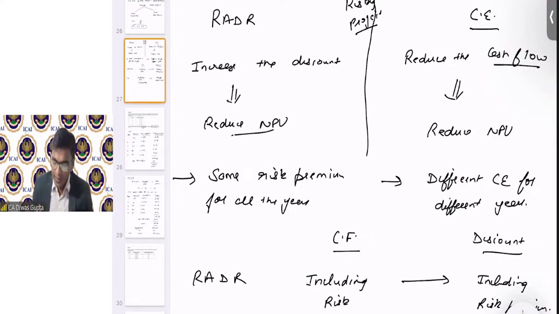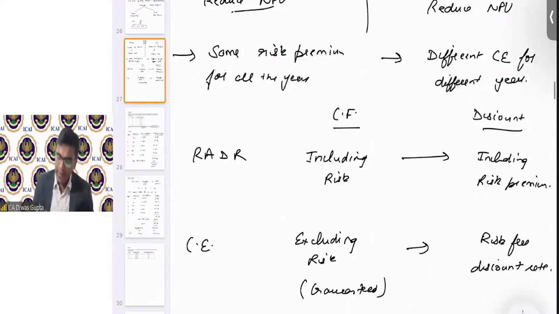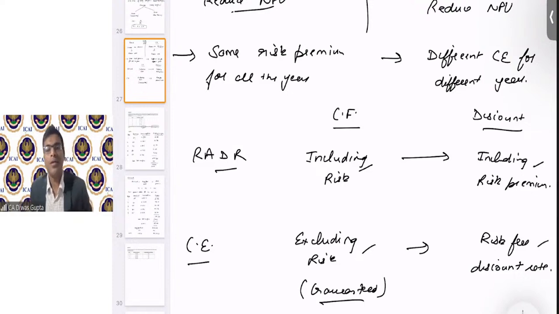In RADR, cash flows include risk and the discount rate also includes risk. Similarly, in the CE coefficient, the cash flow should always exclude risk, which is a guaranteed cash flow, and the discount rate should also be the risk-free discount rate, so that the comparison is clear.